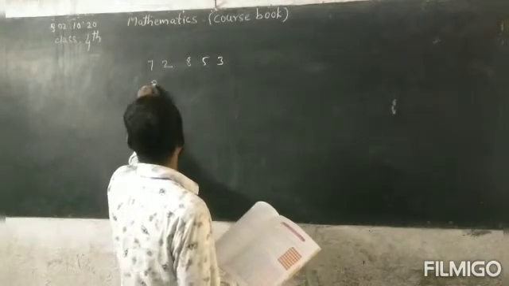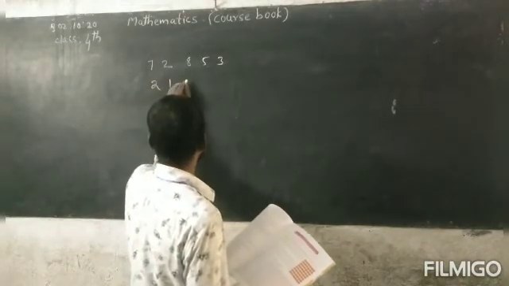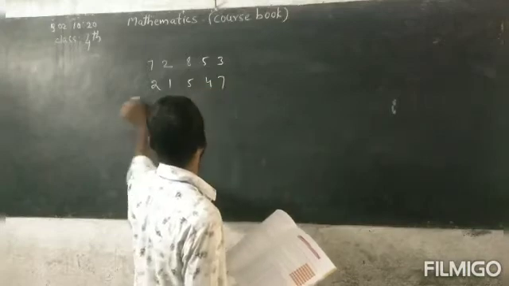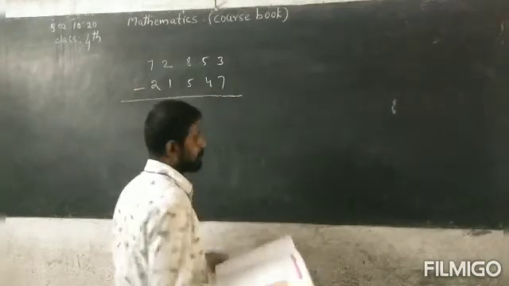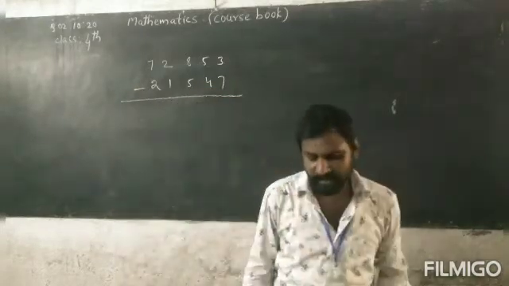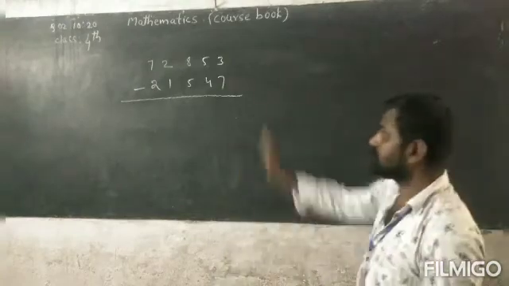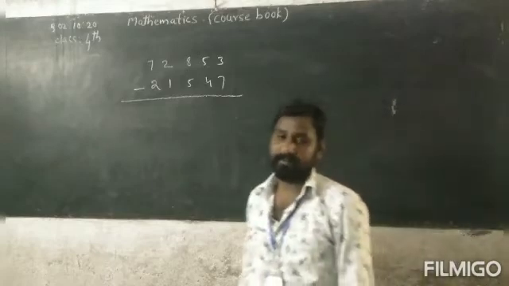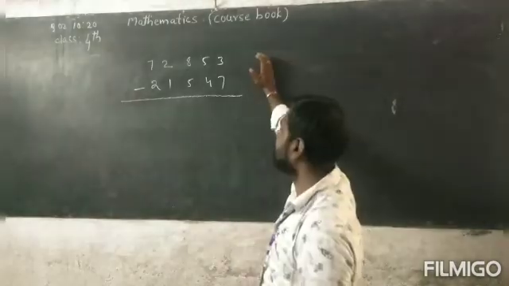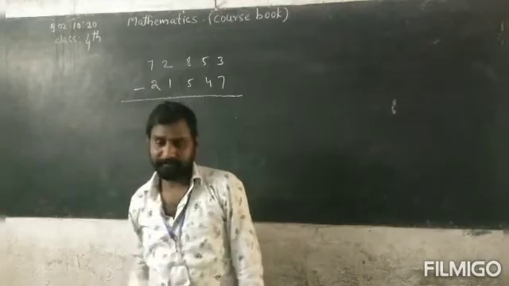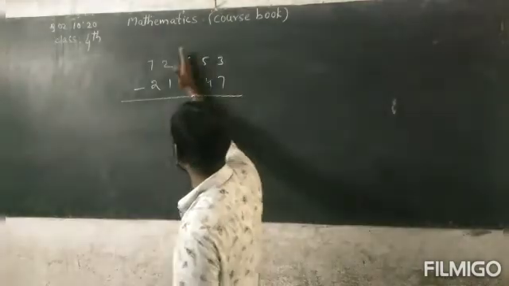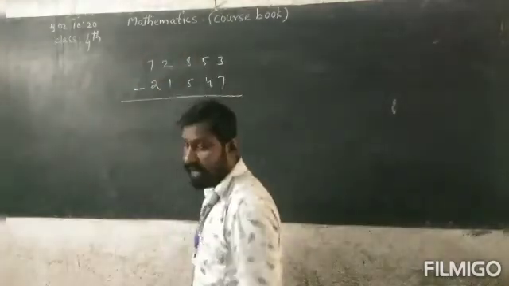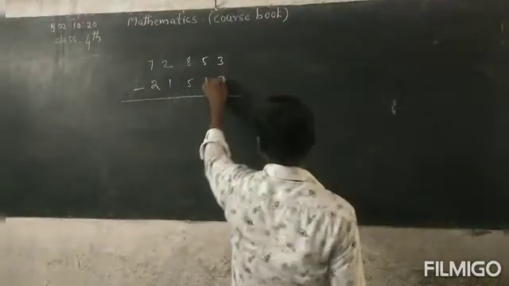See here, 21,547 people. So you can do subtraction. See, while you are doing subtraction method, first subtract the digits in ones place. Here, 3 minus 7. So the given numbers are arranged column-wise. So this is ones, tens, hundreds, thousands, 10,000s. Now see here, 3 minus 7 possible, beta?